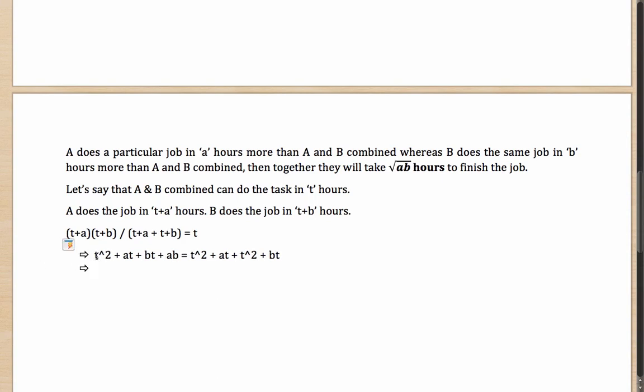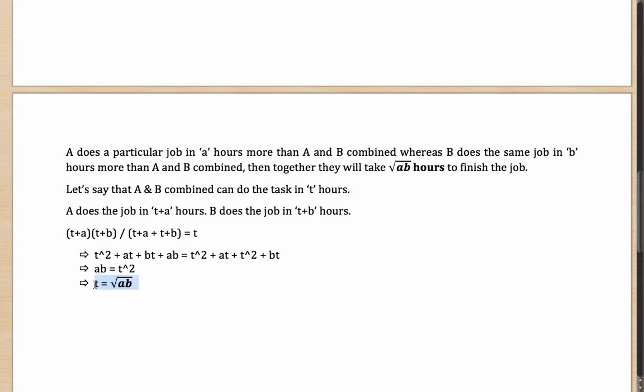As you can see, 1 T square from both sides will cancel, AT will cancel, BT will cancel. What will you be left with? On the left hand side, I'll be left with AB, and on the right hand side, I'll be left with T square, which would tell me the value of T is what was given to me in the question or the statement, root of AB hours.